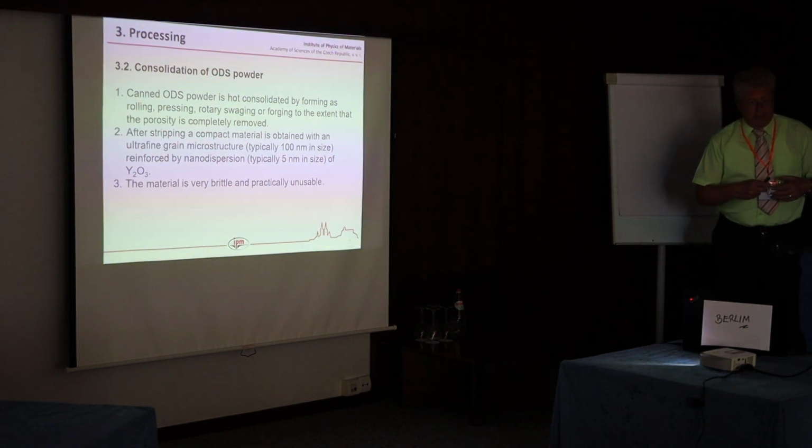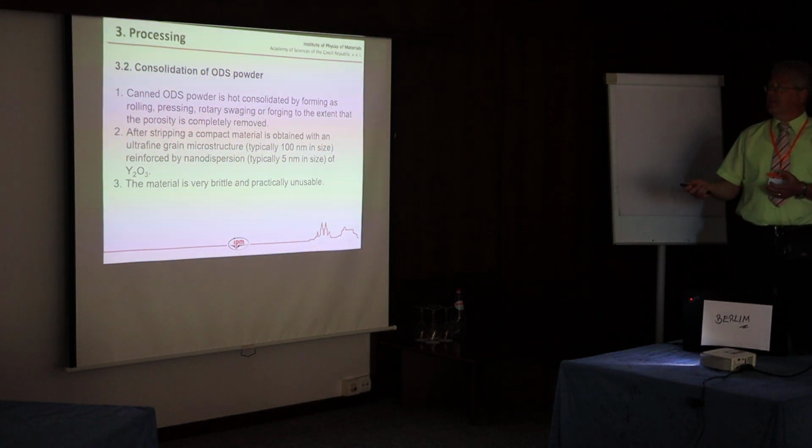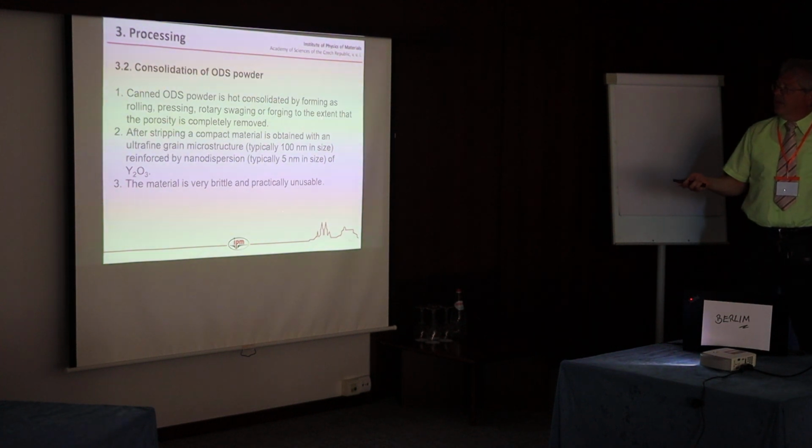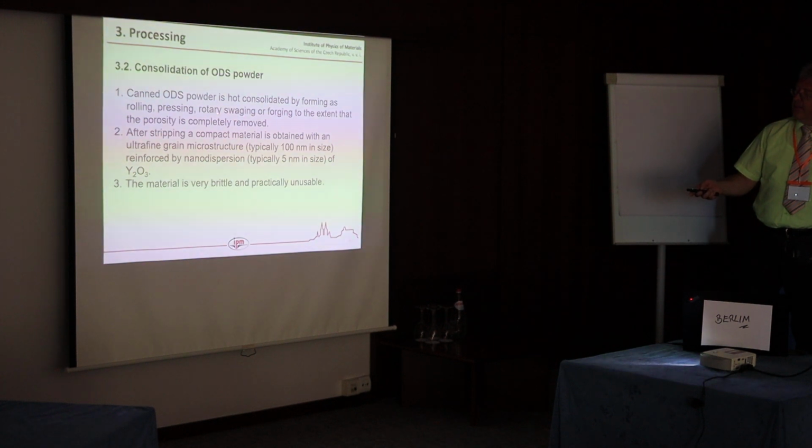And then the powder needs to get consolidated, so it's hot consolidated by forming such as rolling or pressing or rotary swaging or forging. We are basically using rolling and rotary swaging as two main principles for our materials. And it's in the can, metallic can, steel can, basically.